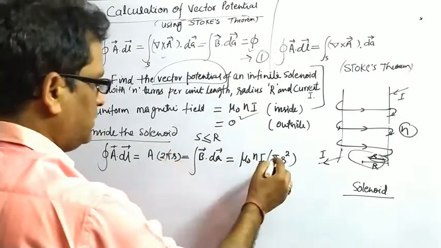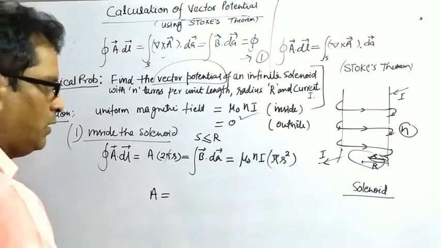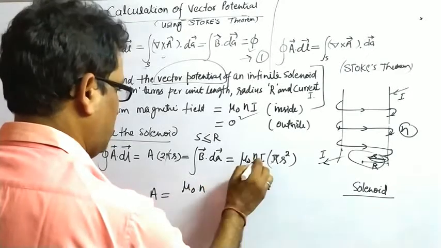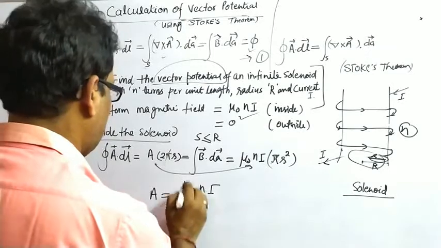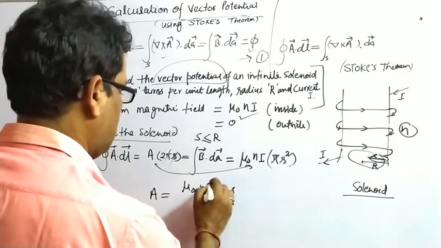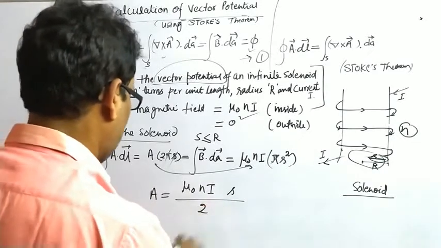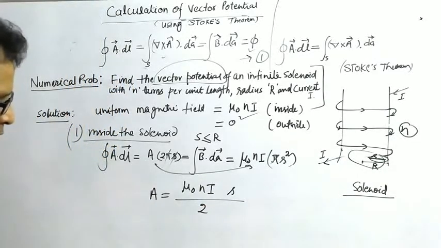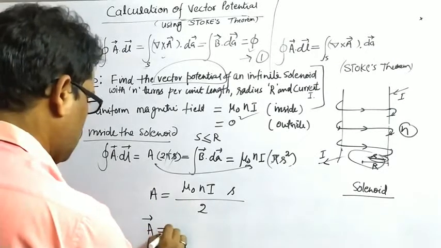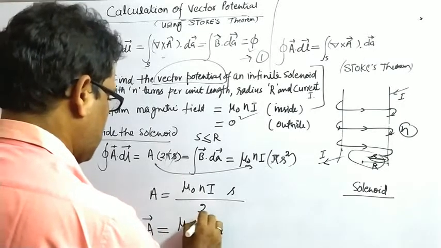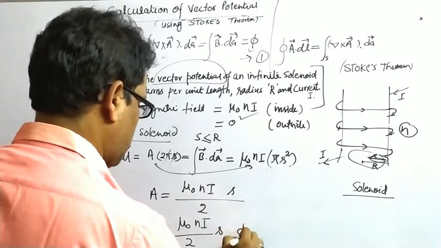So this π gets cancelled out, so I have A will be μ0 n I, s also gets cancelled out, μ0 n I s upon 2. So this is the magnitude of A, because A is a vector quantity, so I will have to write it in vector form, μ0 n I s upon 2 as a unit vector φ.